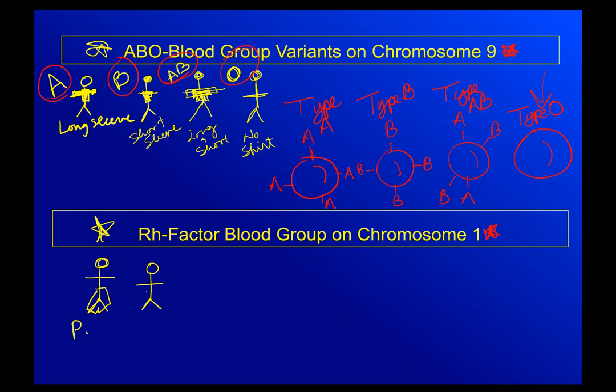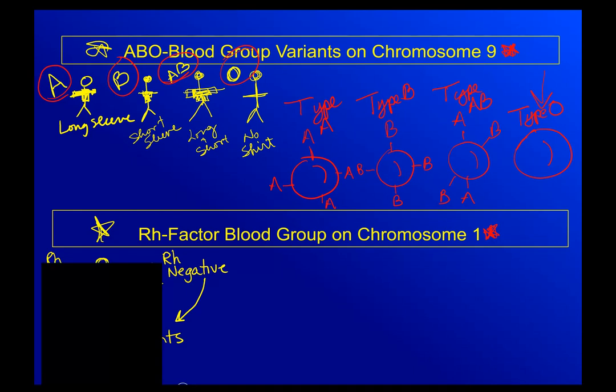So pants or no pants. Now for Rh factor, it is either there or it's not there. So you can be Rh positive, it's there, or you can be Rh negative. It is not there. Okay?